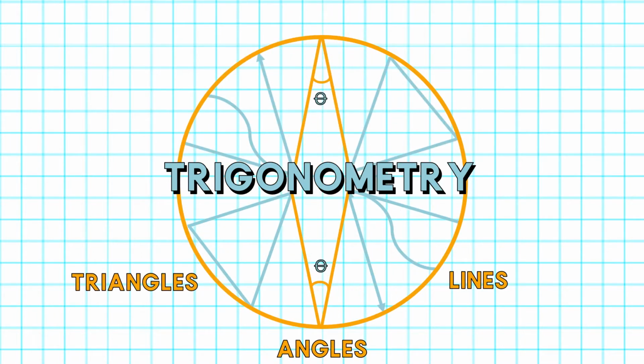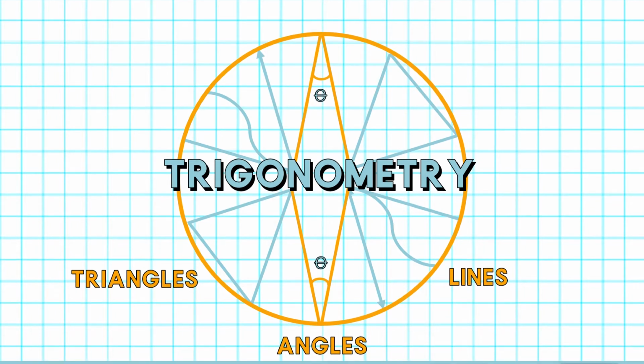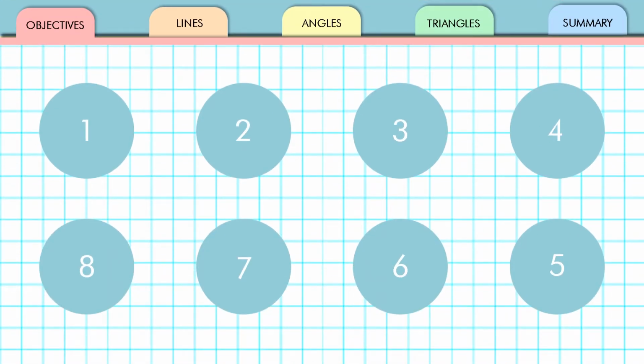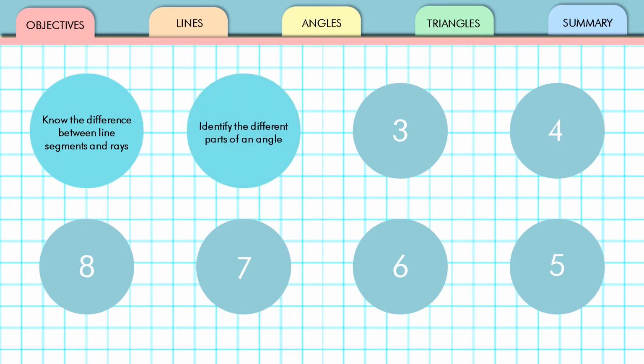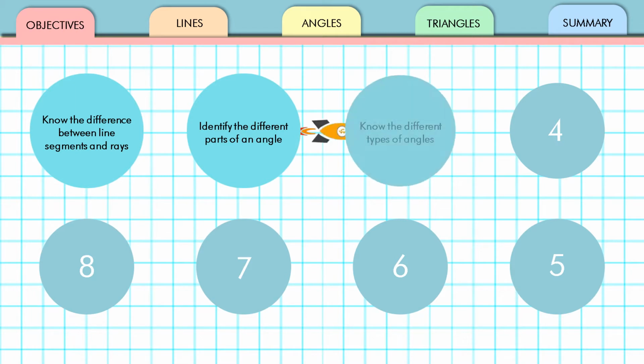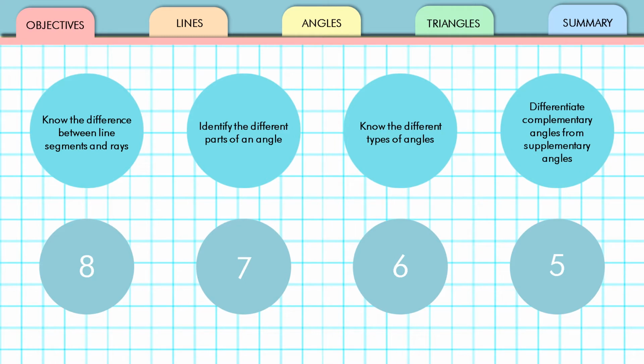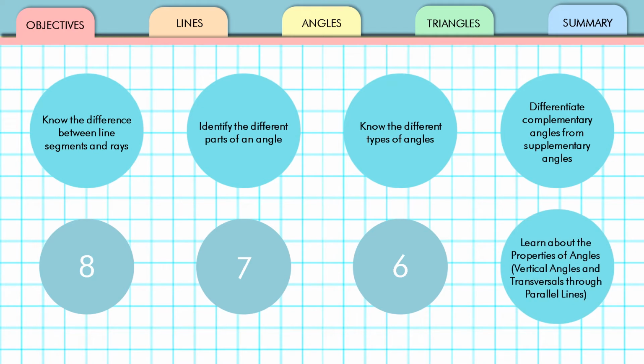But before we begin our lesson, let us establish first the goal of this video. By the end of this video, you, StudyBuds, should be able to know the difference between line segments and rays, identify the different parts of an angle, know the different types of angles, differentiate complementary angles from supplementary angles, learn about the properties of angles such as the properties of the vertical angles and angles formed by transversals through parallel lines.